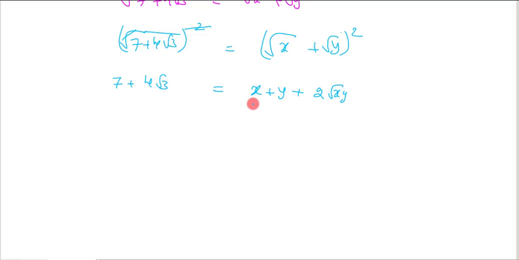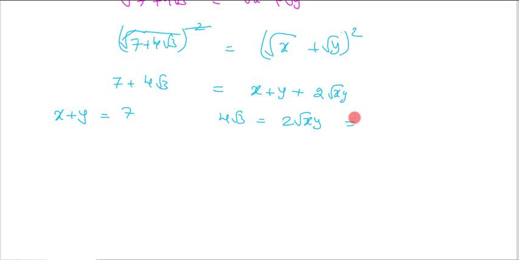Now if you compare the rational terms, you get x plus y is equal to 7. On comparing irrational terms, 4 root 3 is equal to 2 root xy.